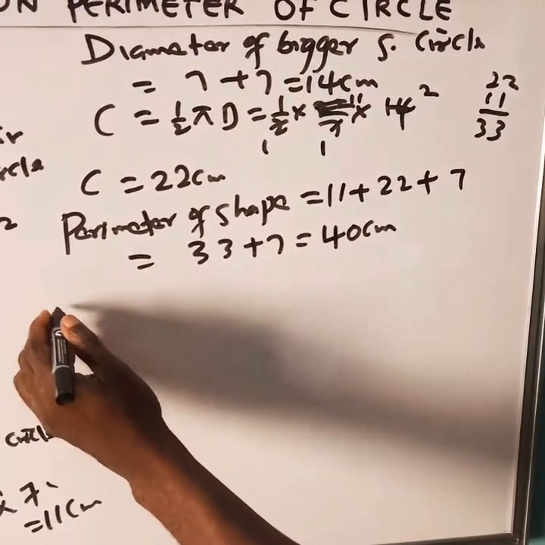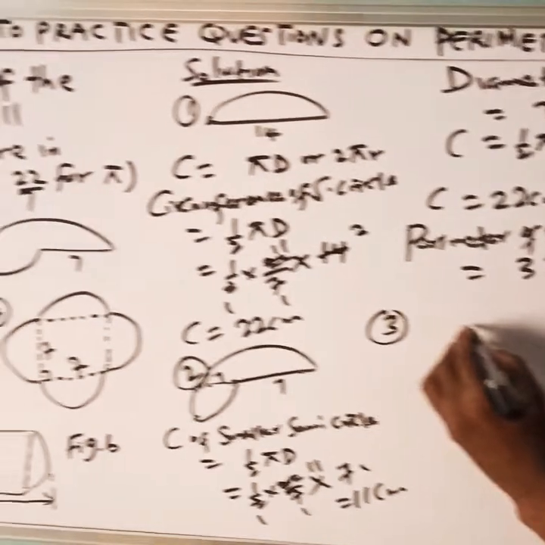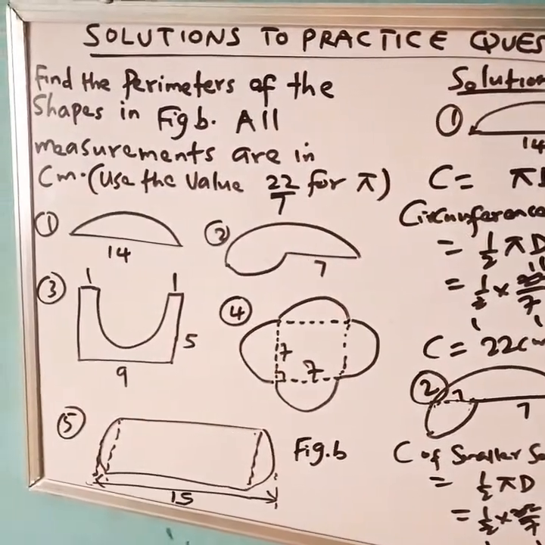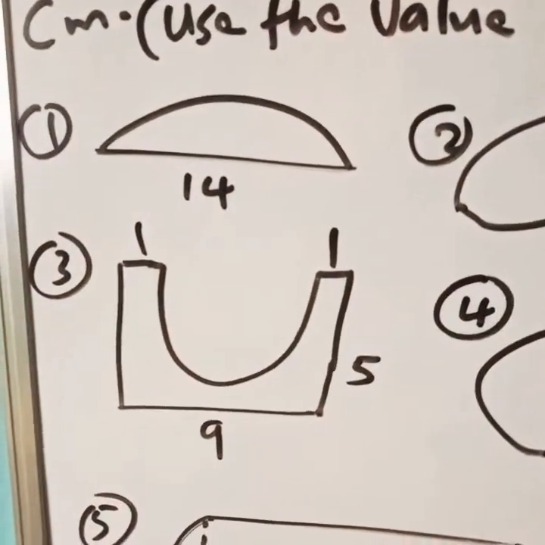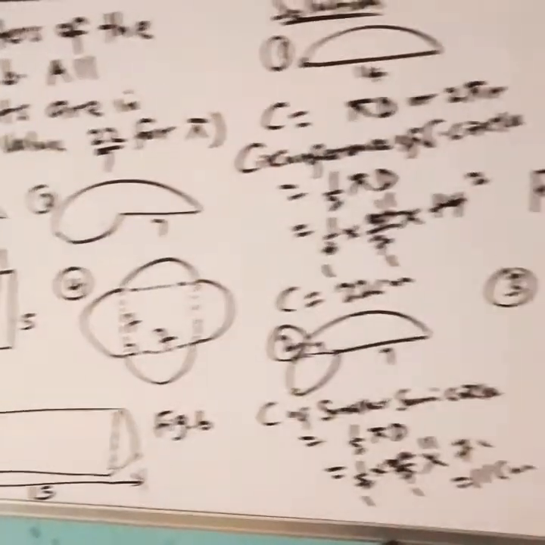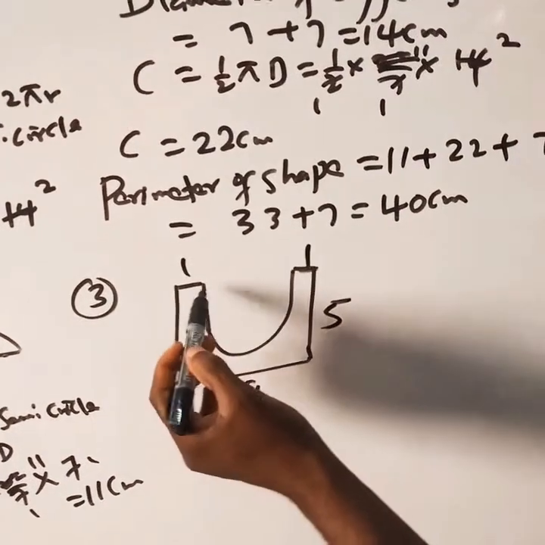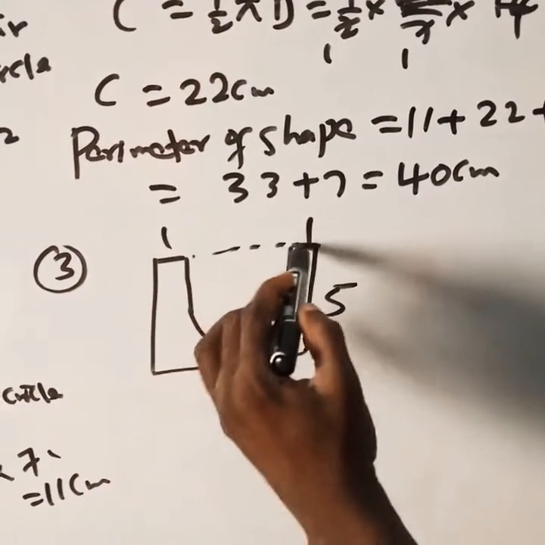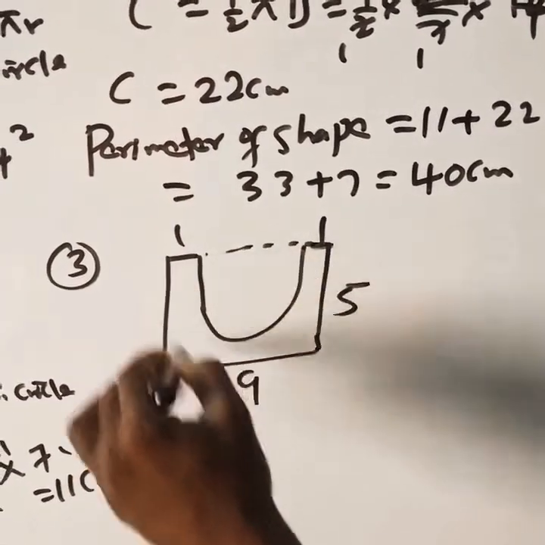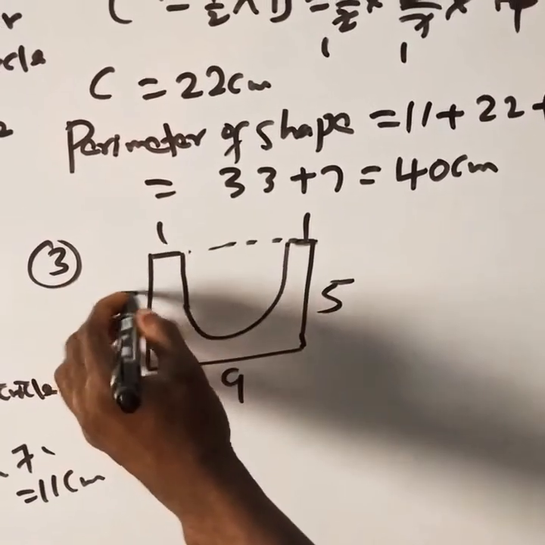I hope it's clear. Number 3, when you look at this shape, you want to find the perimeter of this shape. You walk around the shape: 9, 5, 1, 1. So the perimeter will be 1 plus here. If you complete here, it's like a square or rectangle. Opposite sides are equal, so here will be 5.